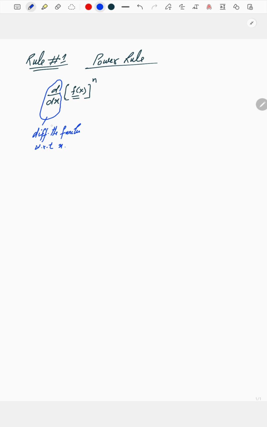And if it is d by dt, then you will read it as differentiate with respect to t. So only the variable in the denominator defines what variable you are going to differentiate with.